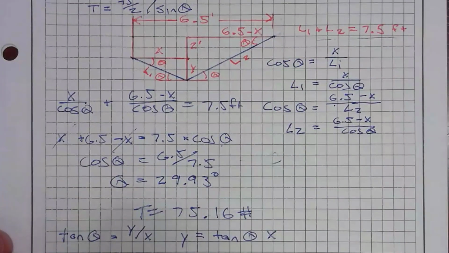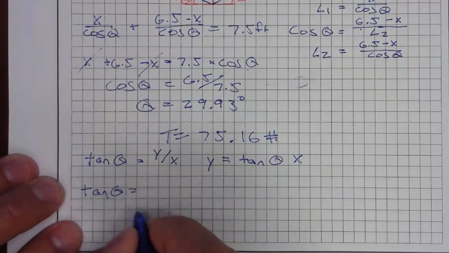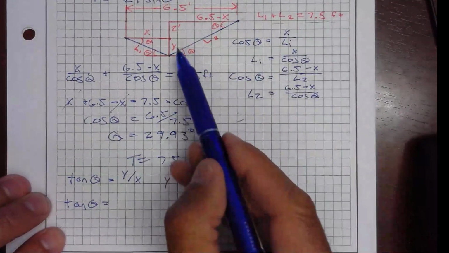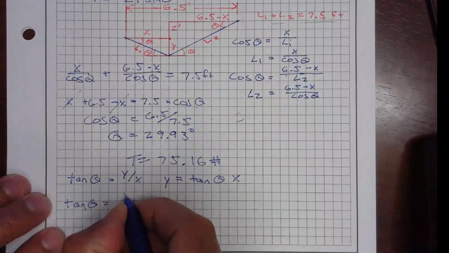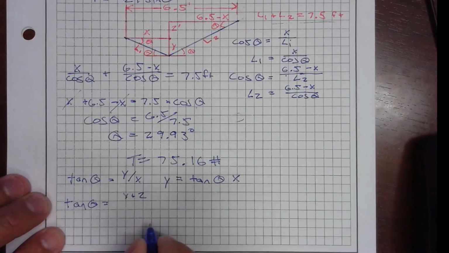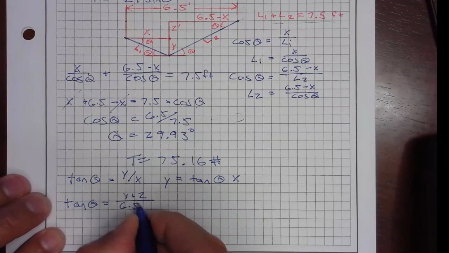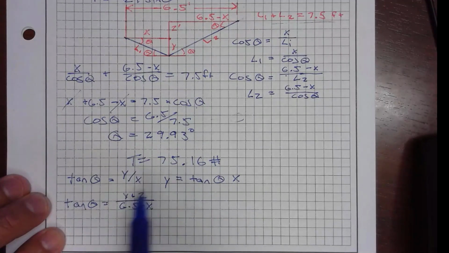Okay. Now let's take the tangent of this theta. That tangent of theta is equal to, now this is y plus 2 here. So that is y plus 2 divided by, and remember that's 6.5 minus x. So we're going to make that substitution here.